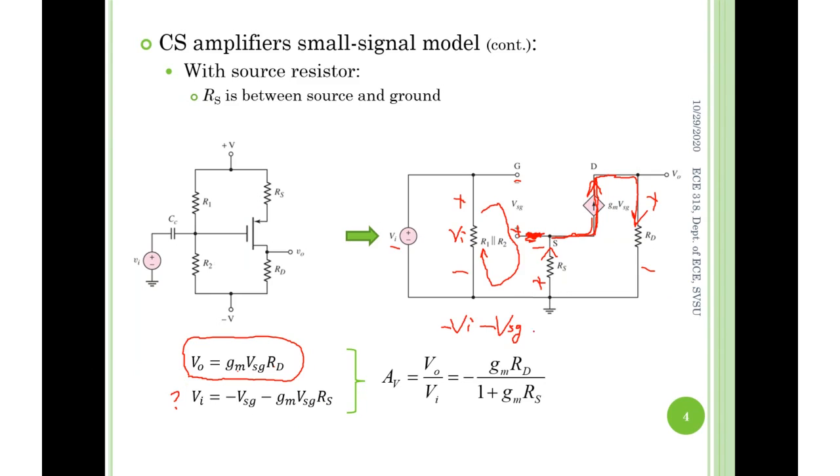And then negative gm VSG times RS. Which is nothing but this equation. Of course, here Is equals 0. Same equation here. You see it? Same equation.